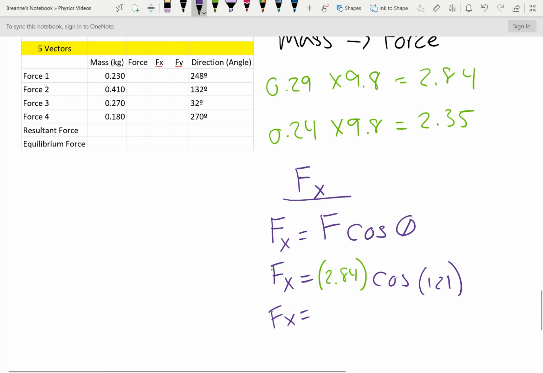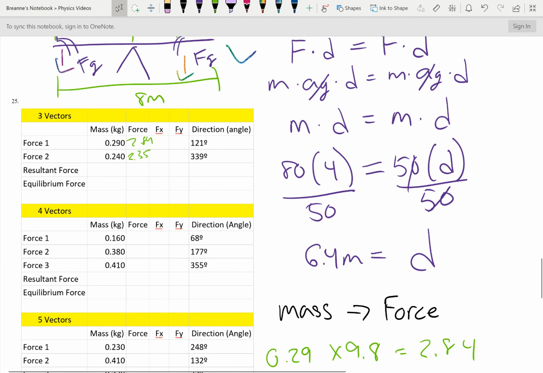Then you just type in 2.84 times cosine of 121, and that'll give you a negative 1.46 newtons. So you would plug that in, a negative 1.46.